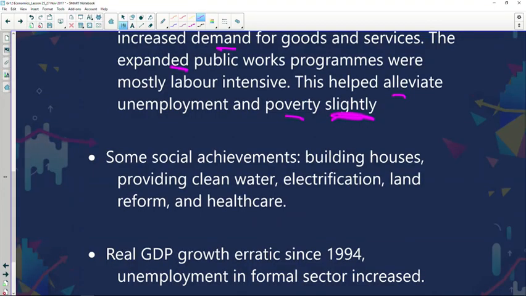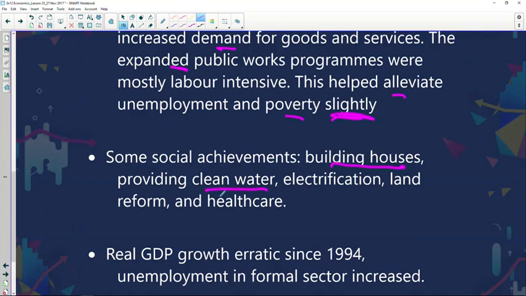because there were some changes because of the labor-intensive programs that it achieved. But other than that, there wasn't a huge improvement in terms of service delivery and infrastructure and reducing the unemployment rate. Some social achievements: the building of the houses. We did see that, and providing clean water.